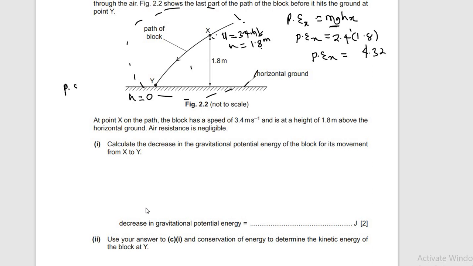Potential energy at Y is the same mgh, 2.4, but at Y there's no height, it's 0. So you can see that's why they said decrease. So the change in potential energy from X to Y will be 4.32 minus 0, which will give us 4.32 joule. That's the decrease in potential energy, 4.32 joule.